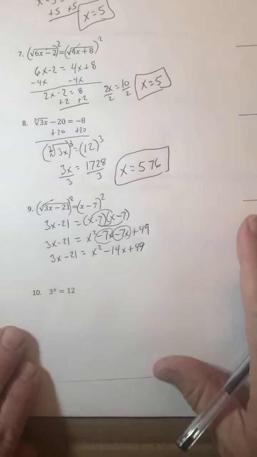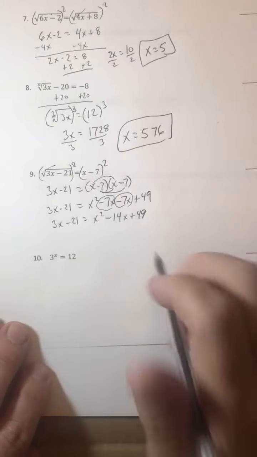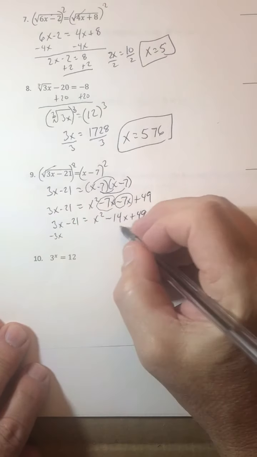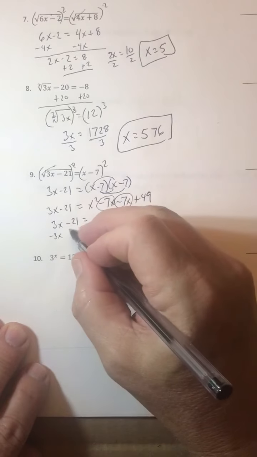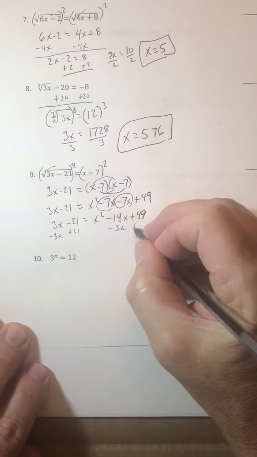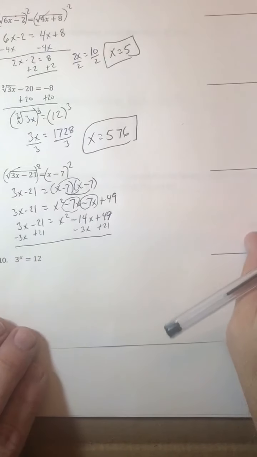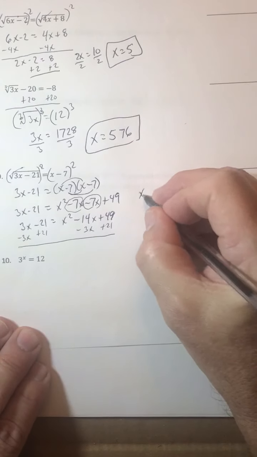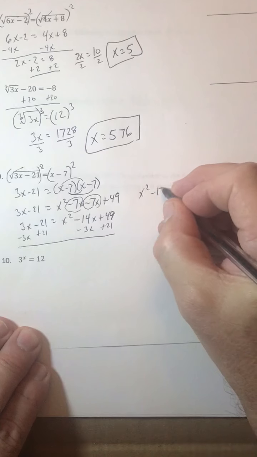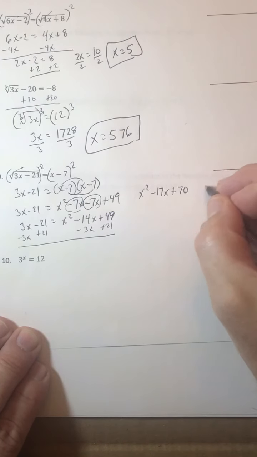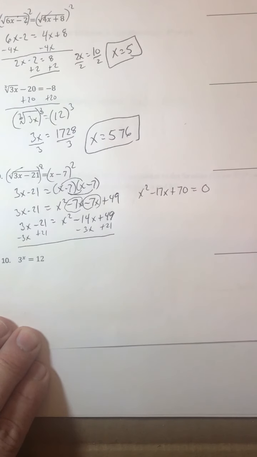All right. Now we got an x squared and an x in the problem, so we got to get everything over to one side. So I'm going to subtract 3x, and I'm going to add 21. So now that is going to leave me with x squared minus 17x plus 70 equals 0.